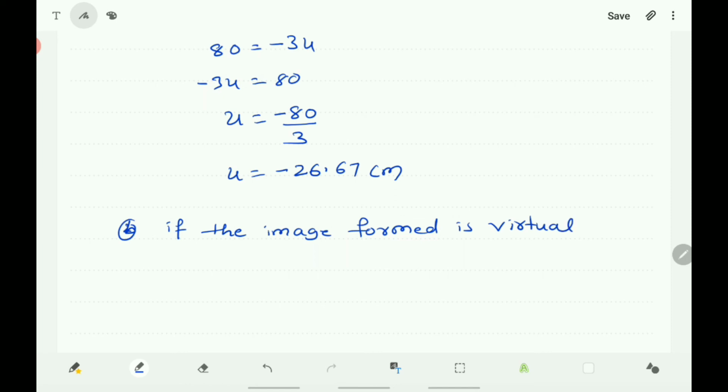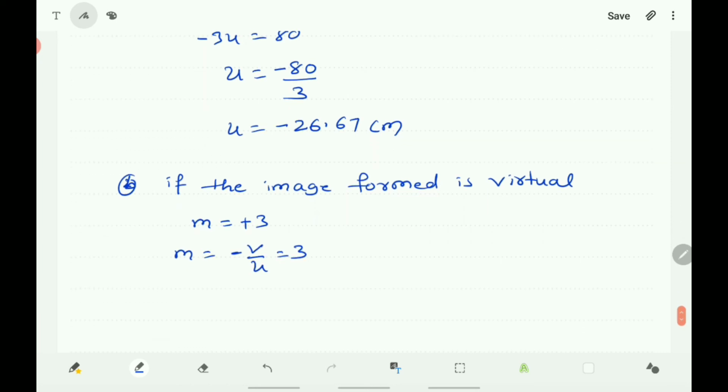So here m we have to take plus 3, that is m is equal to minus v by u is equal to 3. Therefore v is equal to minus 3u. So consider first for this.